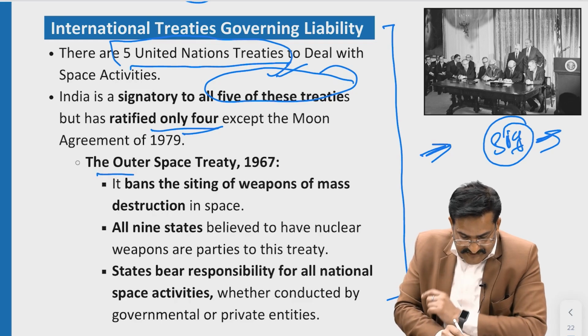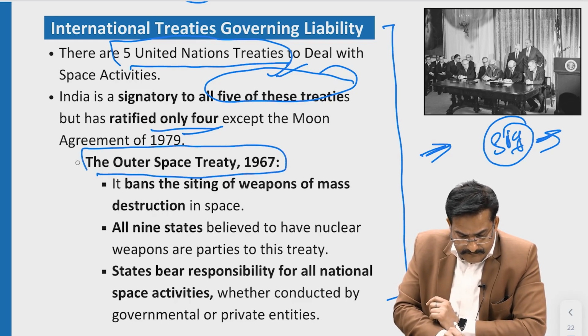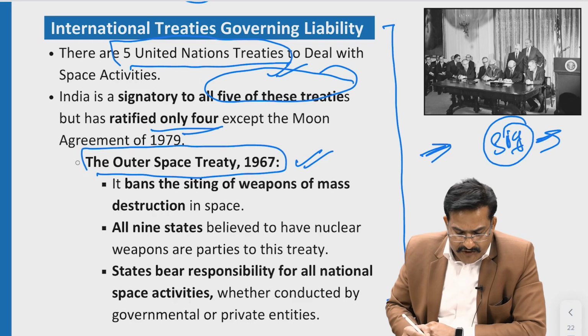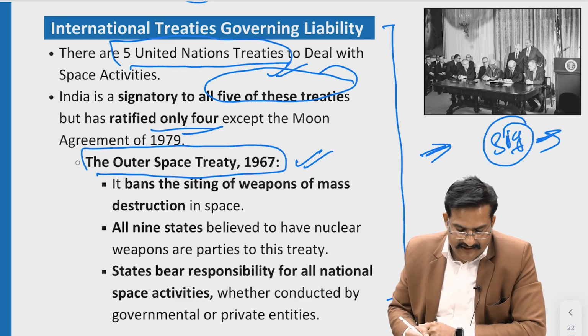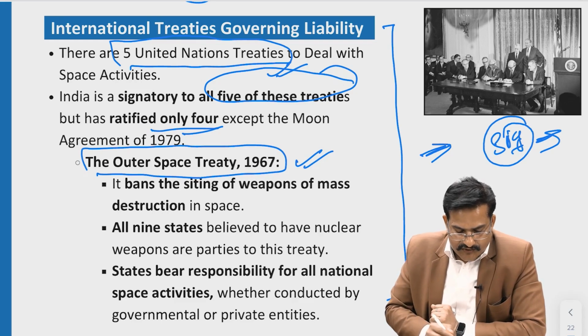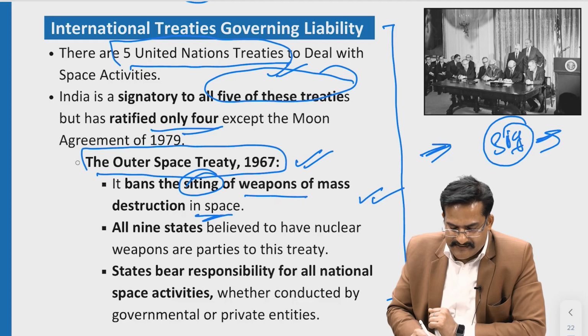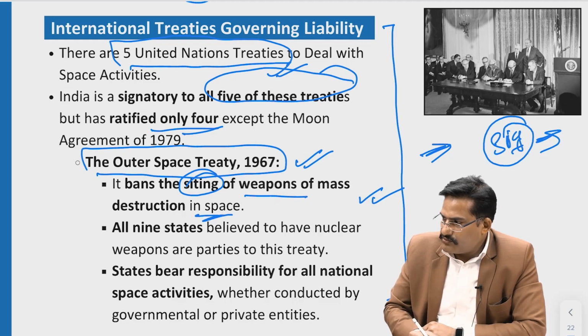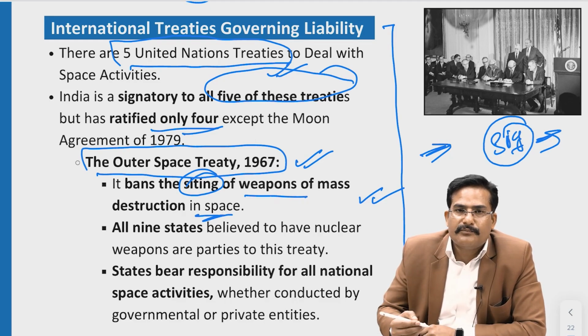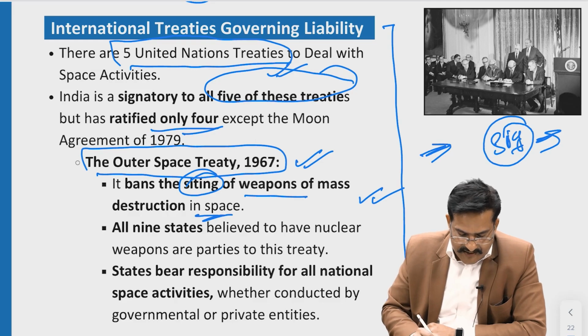First is the Outer Space Treaty, a very important treaty. It came into force in 1967. What is it all about? It bans the placing or sending of weapons of mass destruction in space. For example, you are not supposed to do nuclear explosions in space, right?